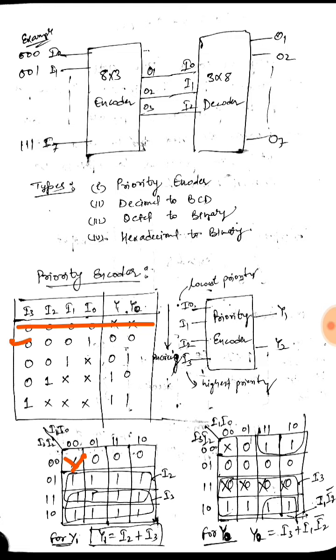Similarly, for the second case, when I0 is 1, I would be having 0 0, so I0 is 1 in this one and in this one, so I would be having 0 0 in both these.